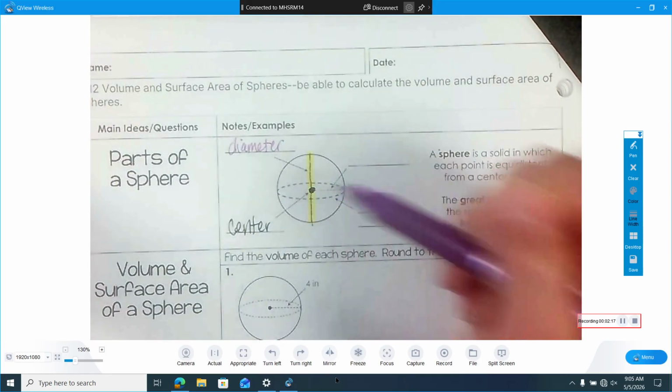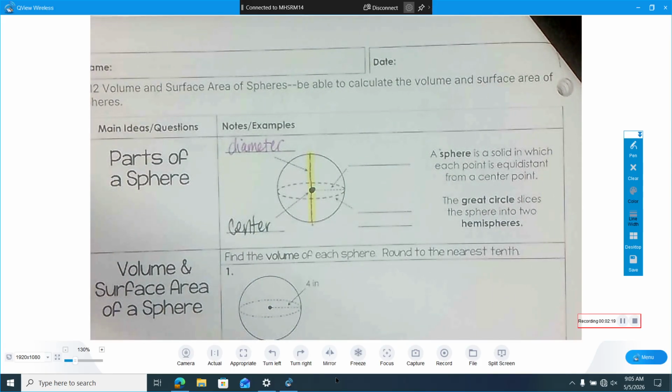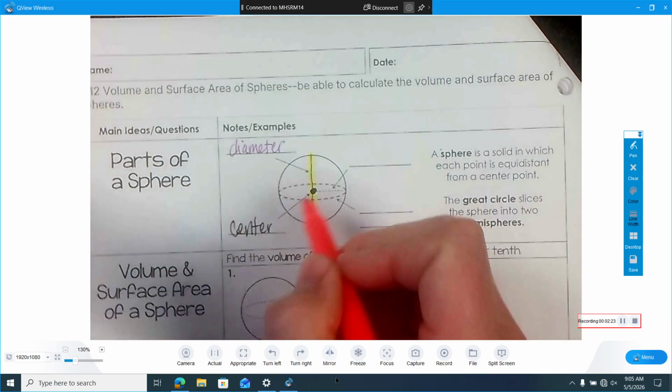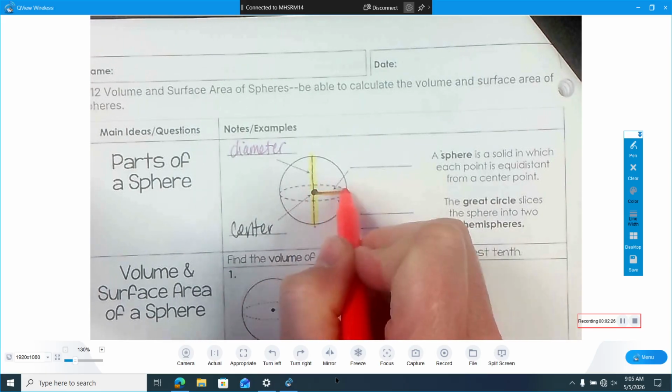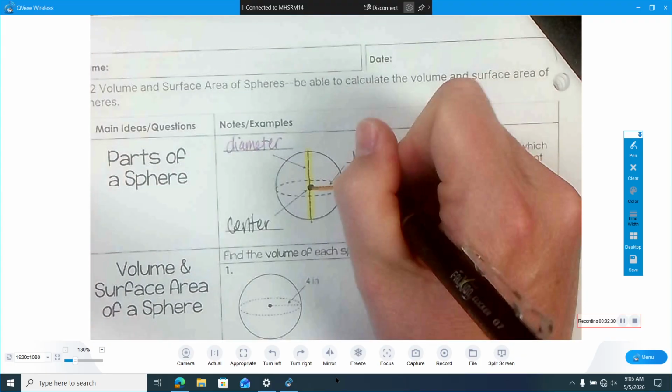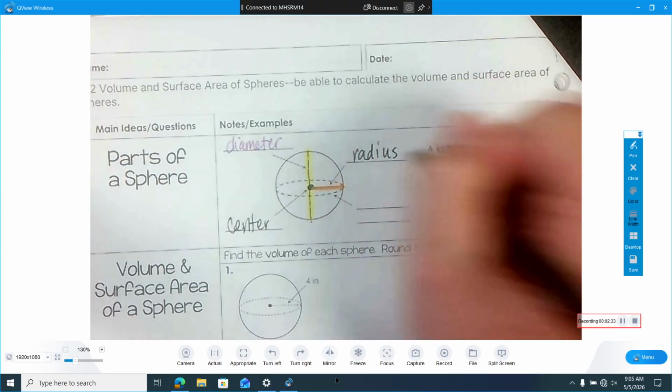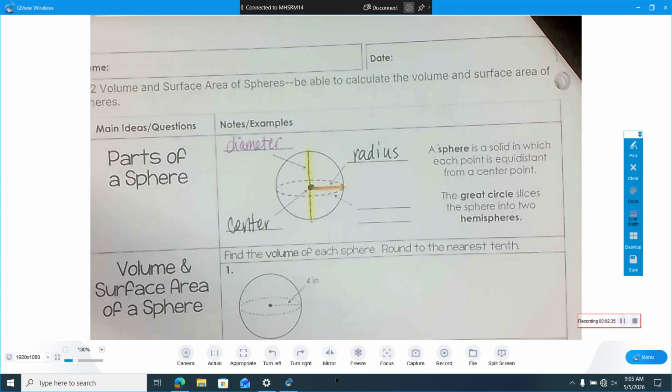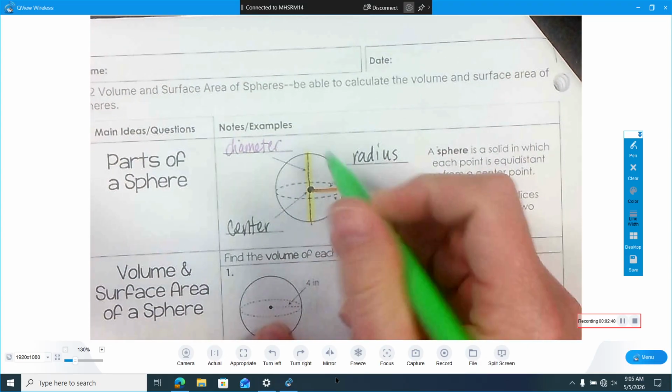The diameter goes through the center, top to bottom, the whole length. Then we have this little bit that goes from the center to the edge of the sphere. What's that called? The radius, absolutely. Just like in a circle, the radius goes from the center to the edge, or in the Earth, from the center to the Earth's crust. Then we have what is called the great circle. That is like the Earth's equator.